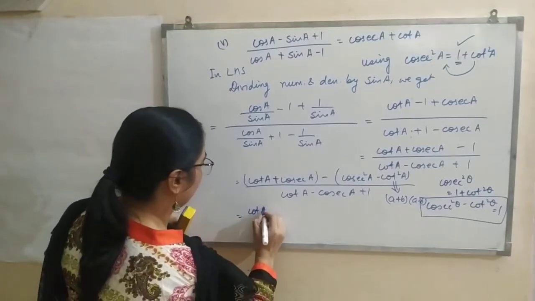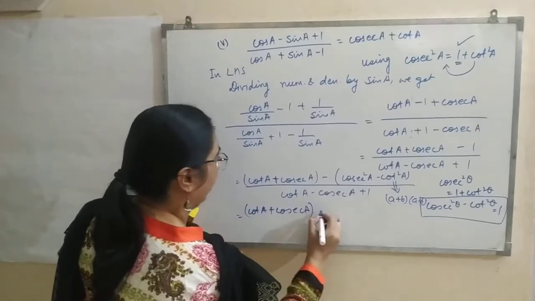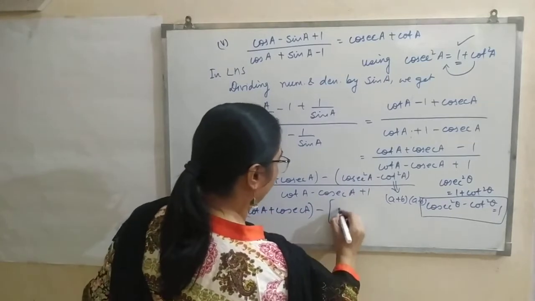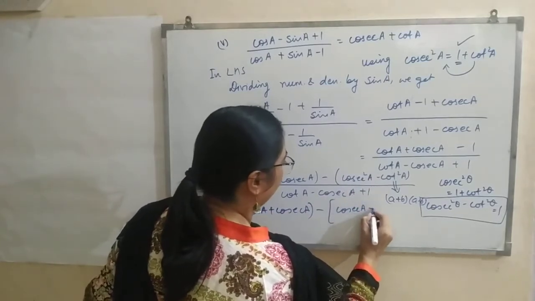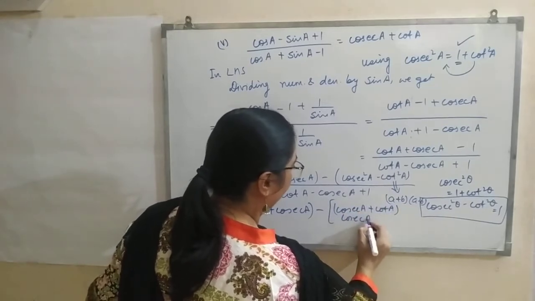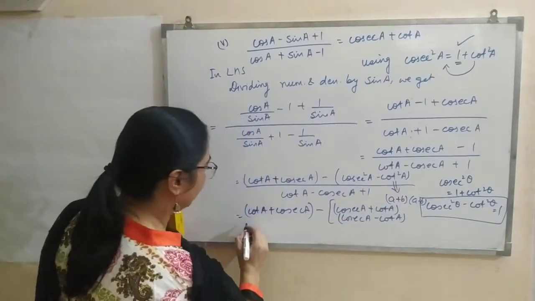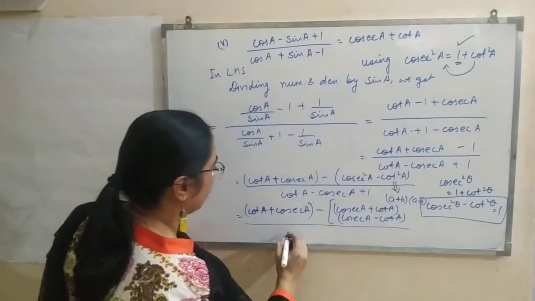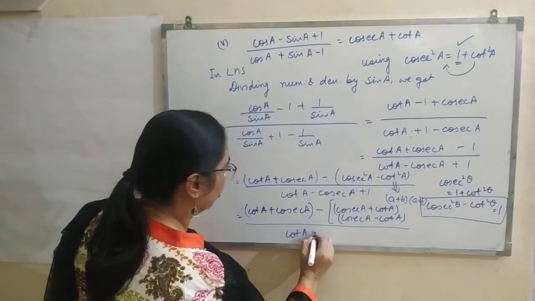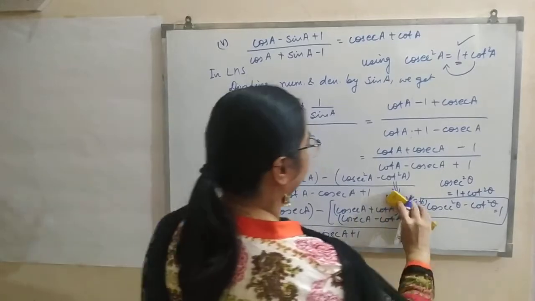I take first term as it is and minus I am separating cosecant a plus cotangent a and cosecant a minus cotangent a. In the two, a square minus b square can be written as a plus b, a minus b. So denominator is as it is. So what am I left with?